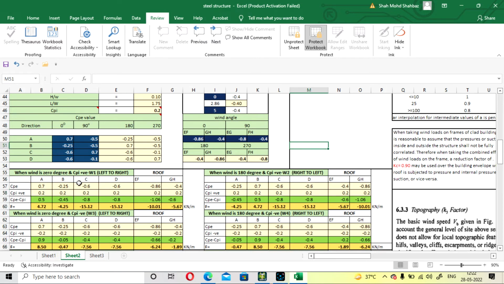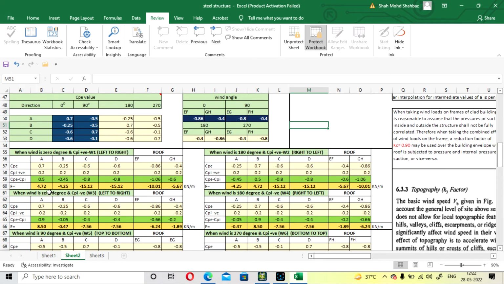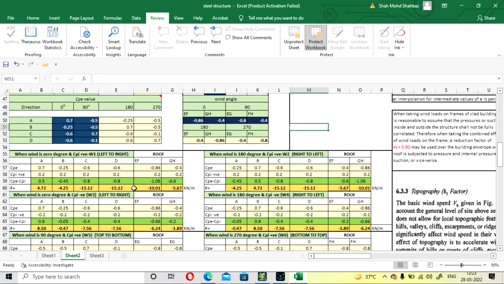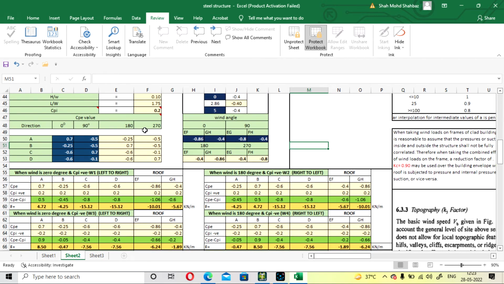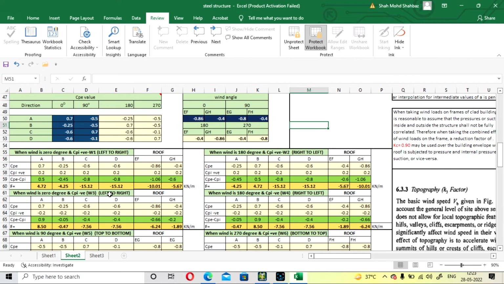And one more thing, here your CPE is greater than CPI, so your value will be shown correctly because we are subtracting the value. But in any case where your CPI value is 0.8, that is, opening is more than 20%, you have to subtract the highest from the lowest, so this will not work. Okay, so I will provide that Excel sheet also where you can change manually all the values.